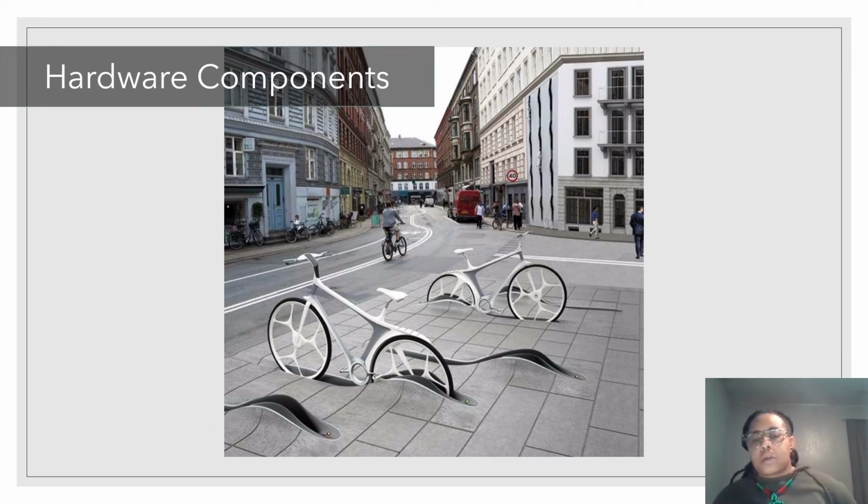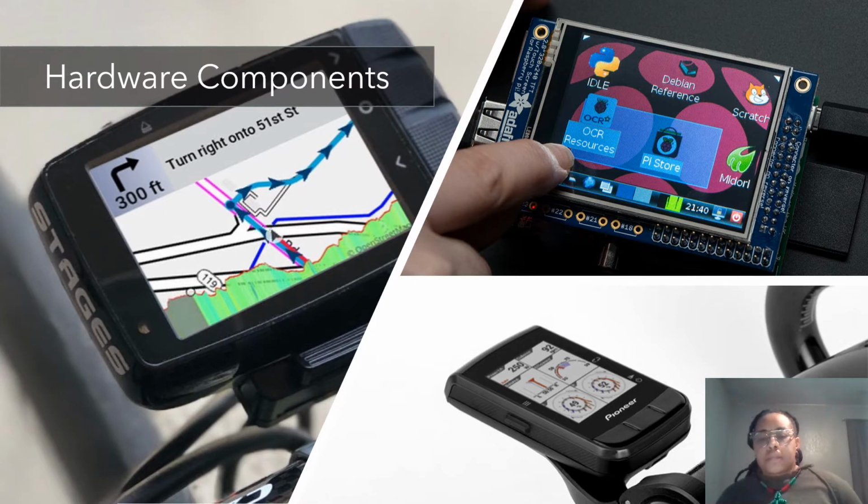Back to the hardware, which is showing that the hardware in this case would be the docking station, and again with the Raspberry Pi that can just be easily attached to a bike at the top of the handlebars. It could also double as a GPS system, so you would still need to create a user interface, which would fall under software.